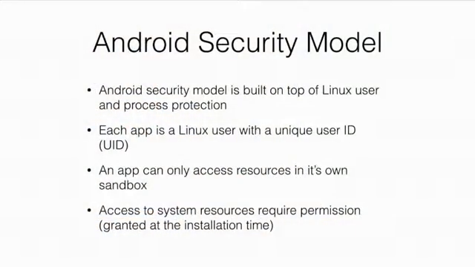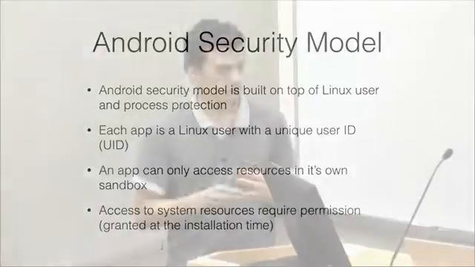So how the Android security model works is that it is built on top of Linux user and process protection. Every app on Android is a user. It is assigned a UID, and then it is protected using Linux user isolation. Every app can just access the data that is in its own sandbox.